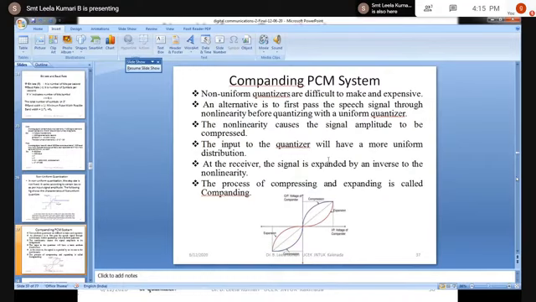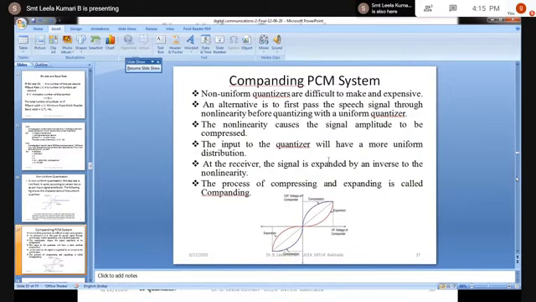In compounding, at the transmitter, the weak signals are amplified and strong signals are attenuated before applying them to a uniform quantizer. This process is called compression, and it can be achieved by means of a compressor.